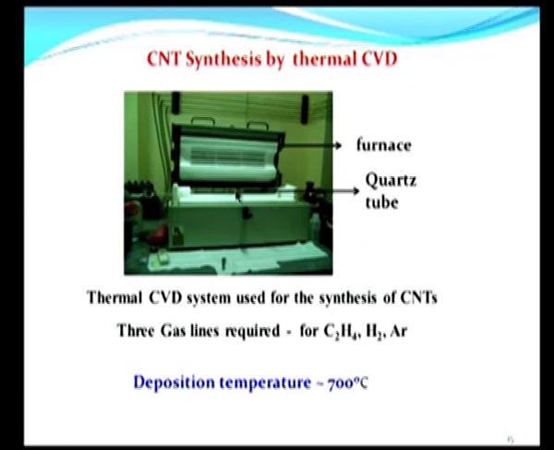In this furnace one places a substrate and then uses a gas, for example here ethylene, C2H4, hydrogen and argon. There are certain protocols that allow you to deposit carbon nanotubes on a substrate like silicon at a temperature of about 700 degrees Celsius.